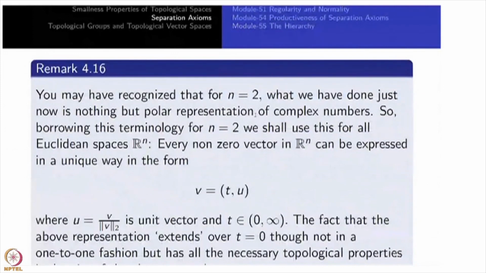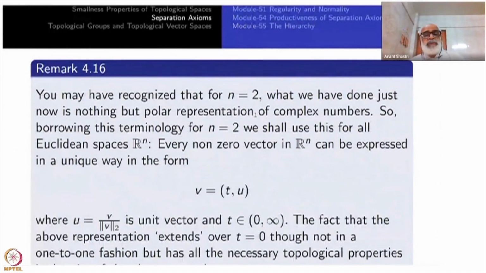So I have already told you that when n equal to 2, this is the popular representation of R2 or complex numbers in polar coordinates. A unit vector in the complex numbers, you can write it as e power 2 pi i t. But if you have R3, R4 and so on, you can't write that way. You just write a unit vector. So then this is also polar coordinates inside Rn.